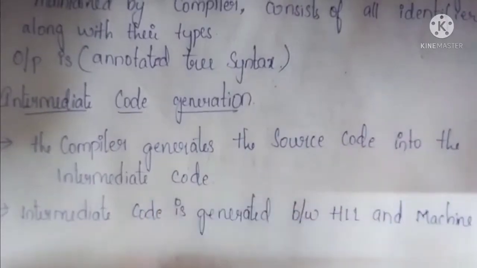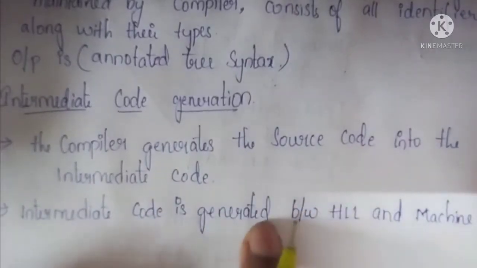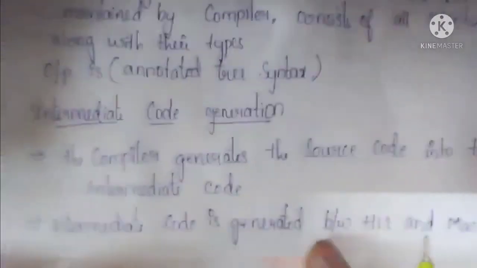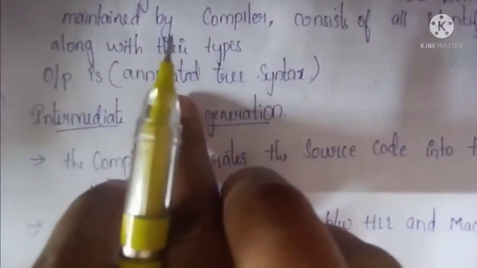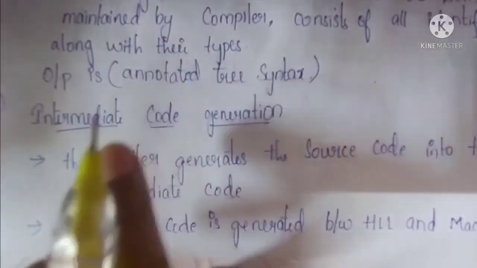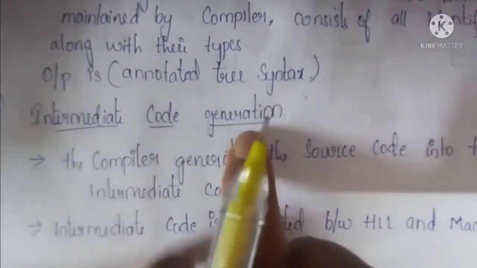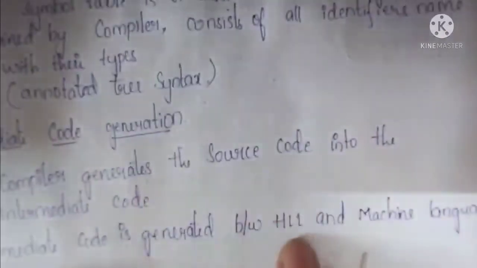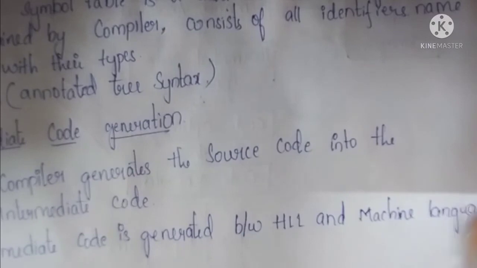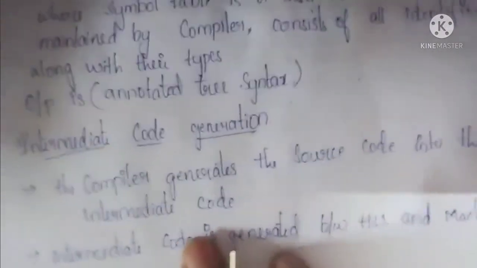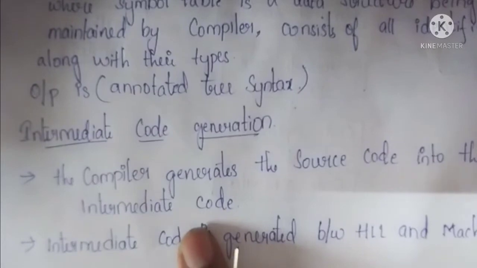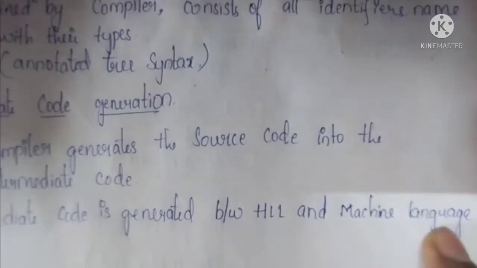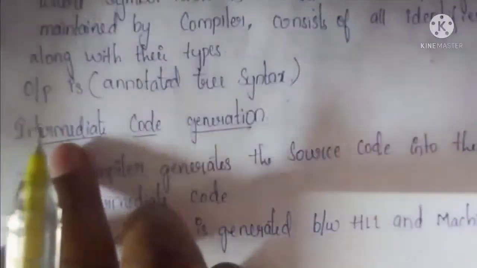This intermediate code is generated between the high level language and the machine level language. So the fourth phase of compilation is an intermediator between the high level language and the machine level language. This is the role of an intermediate code generator.